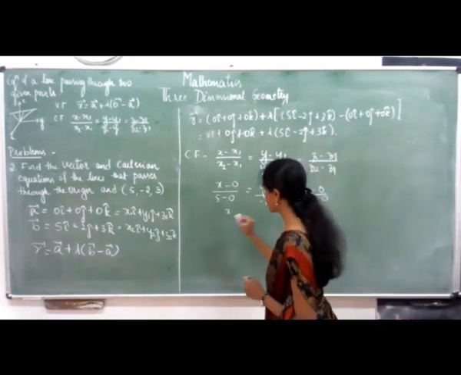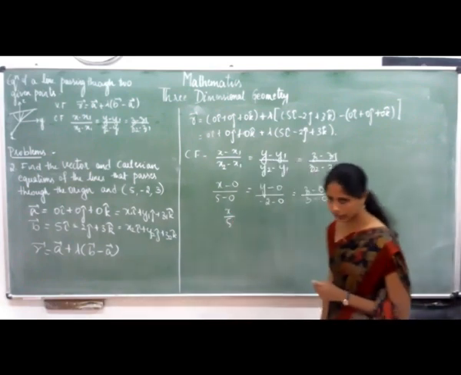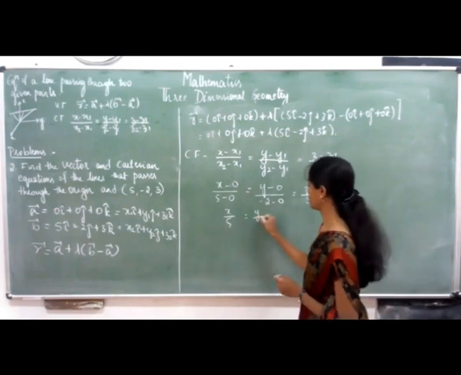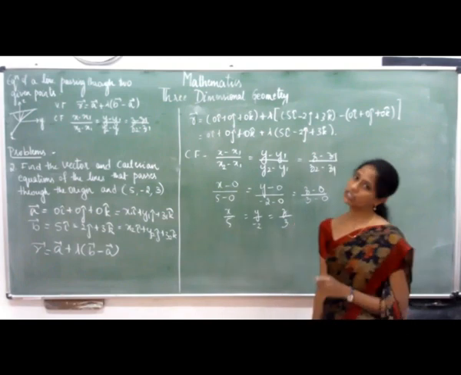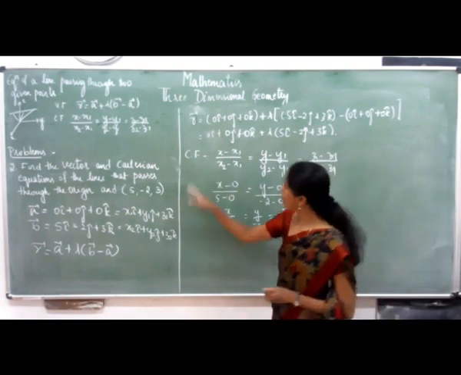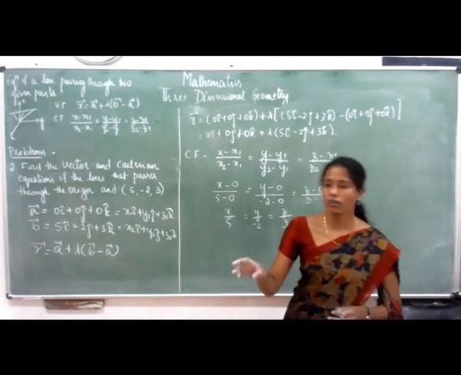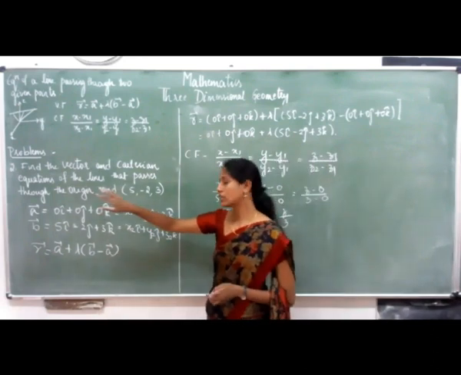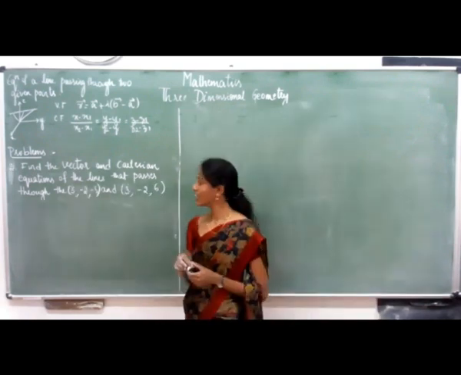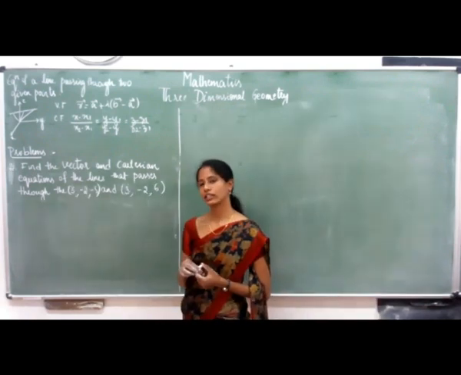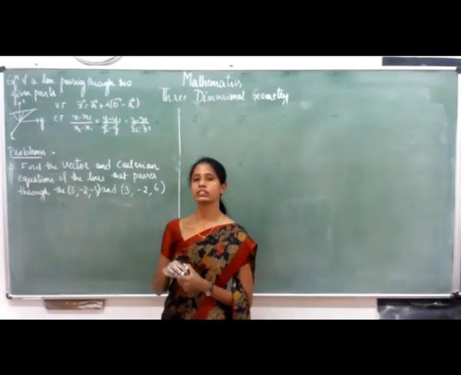So x minus 0 is x, 5 minus 0 is 5, y divided by minus 2, which is equal to z divided by 3. So this is your vector form and the Cartesian form for the points 0, 0, 0 and 5, minus 2, 3.